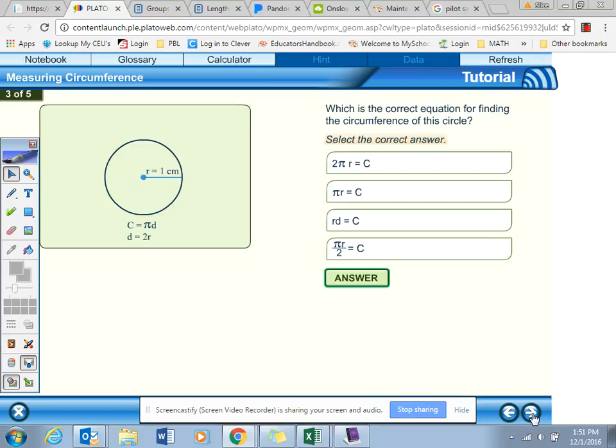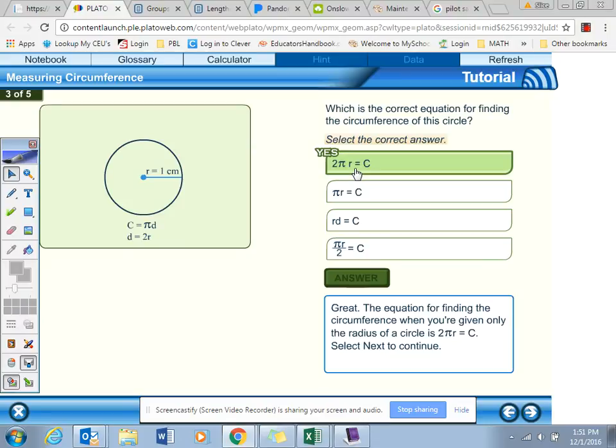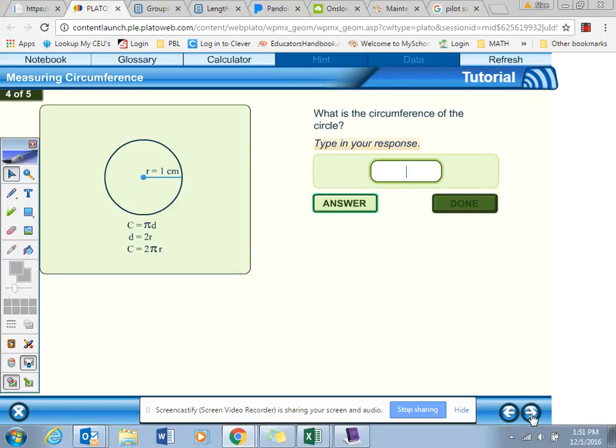And so now, what is the correct equation for circumference? We know that. 2 pi r, like we were doing earlier in the video. And so now they're just doing all of that to get to this point. What's the circumference of the circle? You double the 1 to get 2 for the diameter.